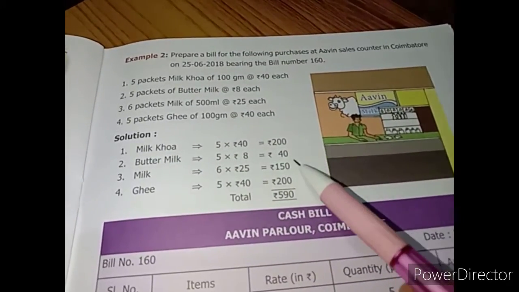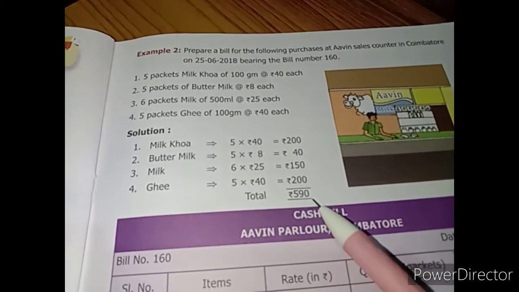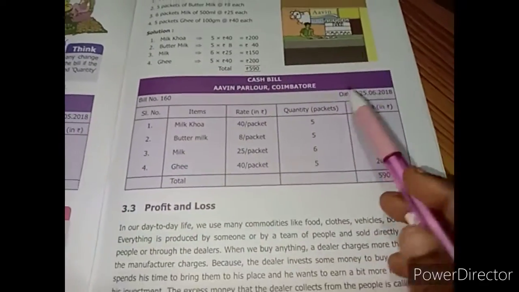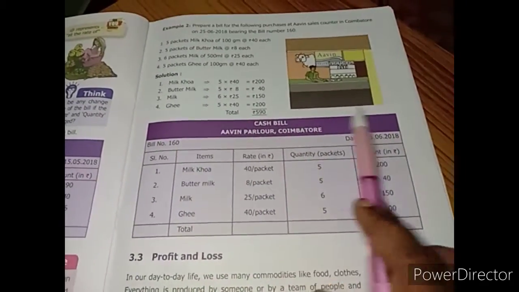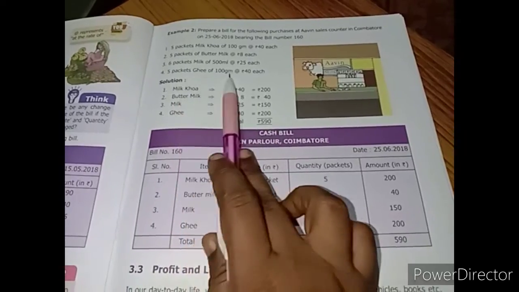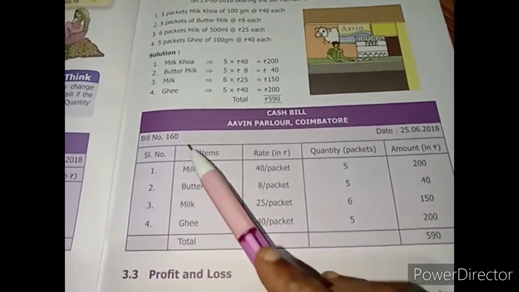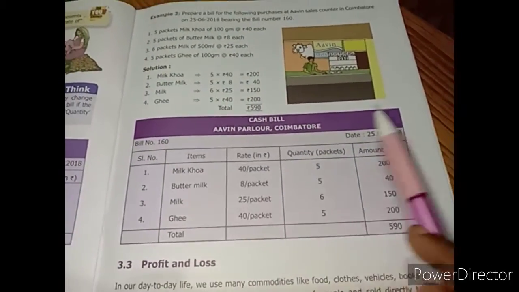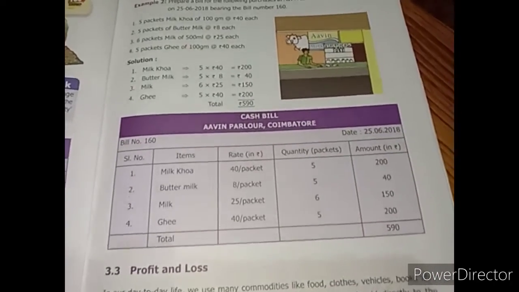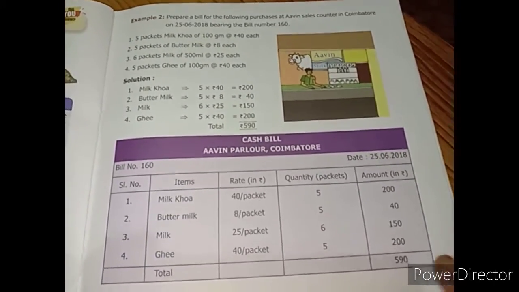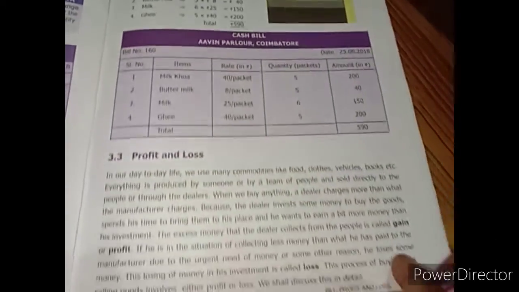So what is the total amount to be paid? It is 590 rupees. See the next one. We have prepared the amount to be paid, but in the format of a bill, it is given. Okay, this is how the sums are going to be in exercise number 3.1.